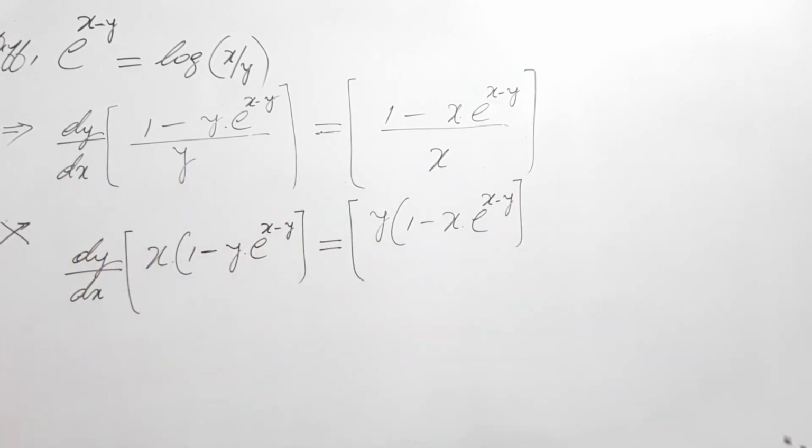So therefore dy by dx will be what? This divided by this.